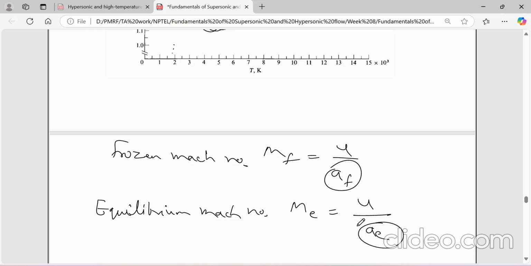That's why we are not using Mach number for these high speed flows. It is not very useful.